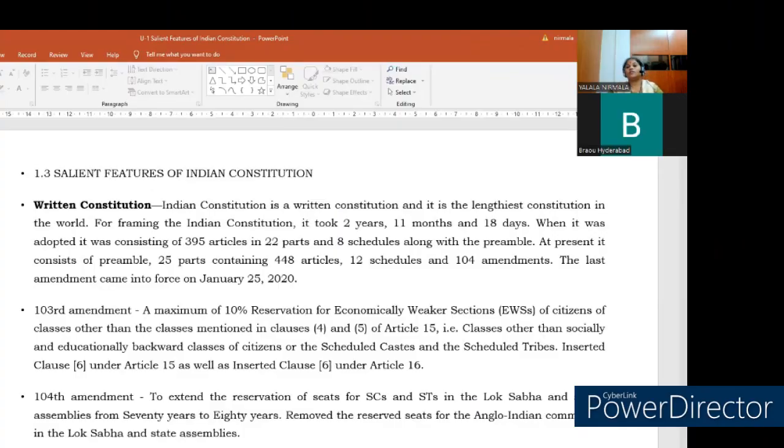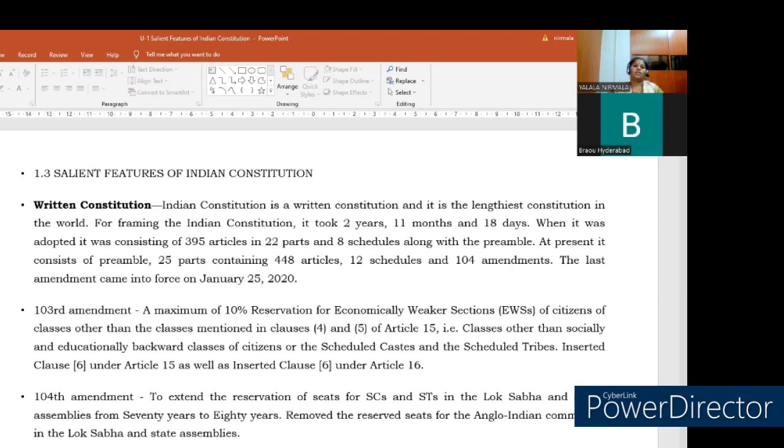Indian Constitution is a written constitution and it is the lengthiest constitution in the world. For framing this Constitution, it took 2 years, 11 months, and 18 days. When it was adopted, it consisted of 395 articles in 22 parts and 8 schedules along with the preamble.